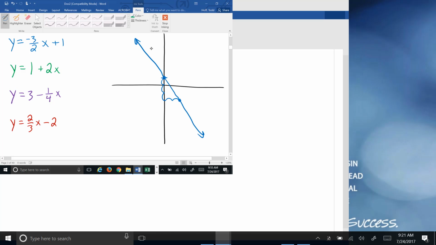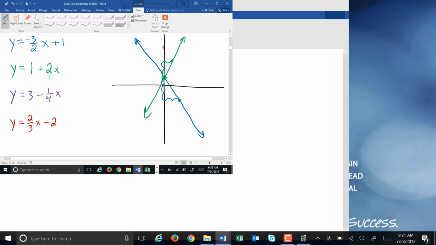Number 2, the green one. Where do we start? At 1 again, and from there we go. Careful. Up 2, over 1. Looks like that. Then we've got the purple one here.